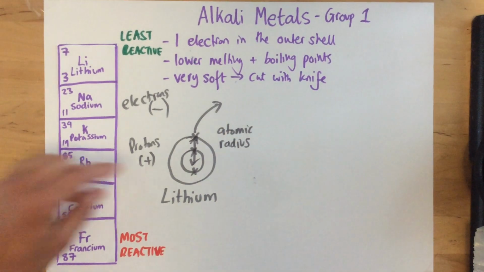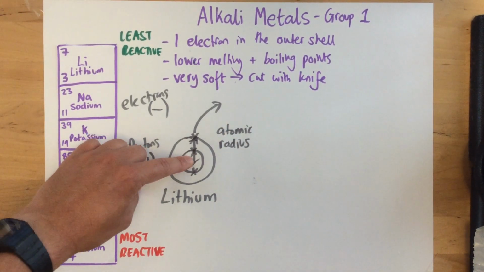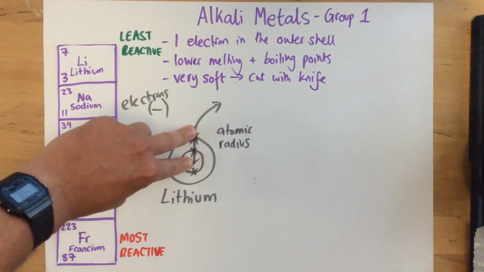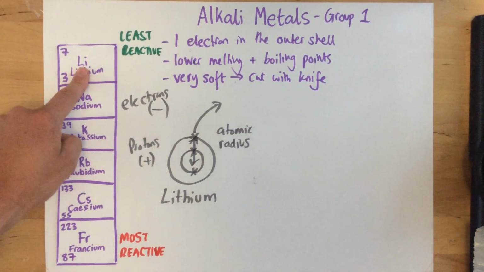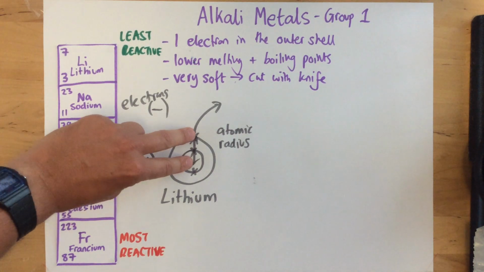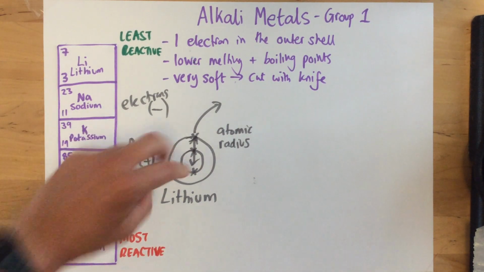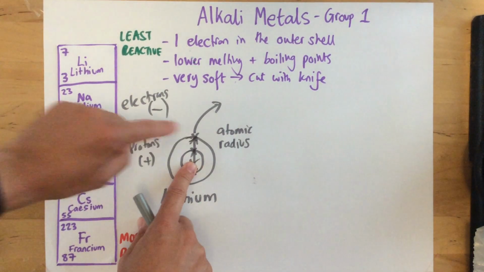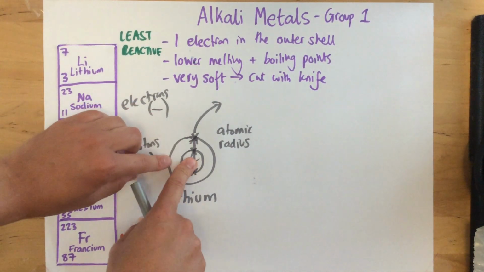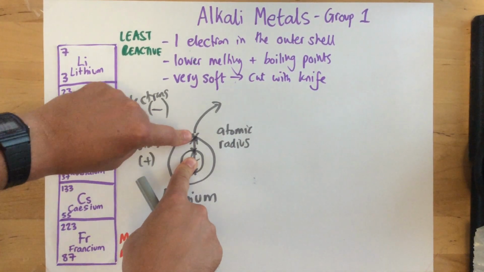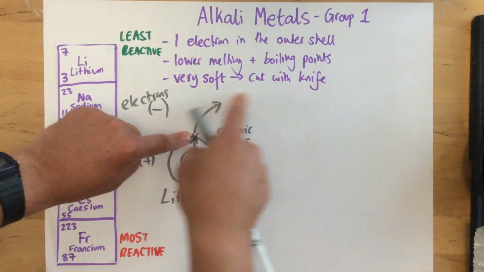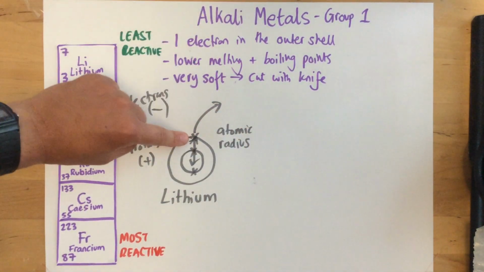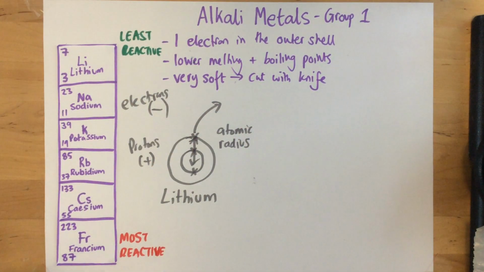Now, the atomic radius is the distance from the center of the atom to the outer electron. Because lithium isn't a particularly big atom, there is a small atomic radius, which means there's quite a strong attraction between the nucleus and this outer electron. Therefore, it's not particularly easy for this electron to be lost.